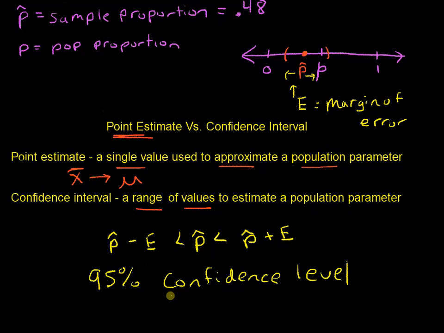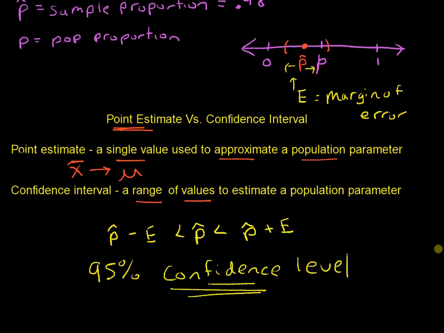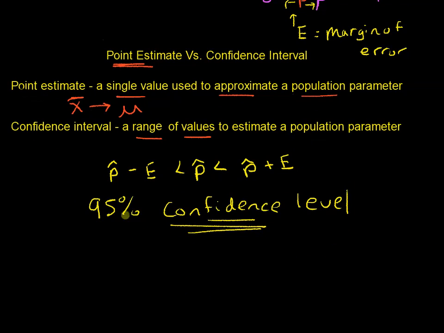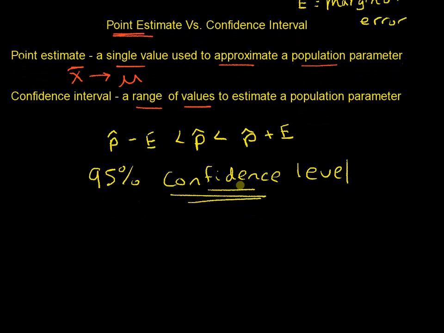Now, what does it mean to be 95% confident? It's slightly different than saying that there's a 95% probability that the population mean lies within the interval. So let's talk briefly about what it means to be 95% confident.